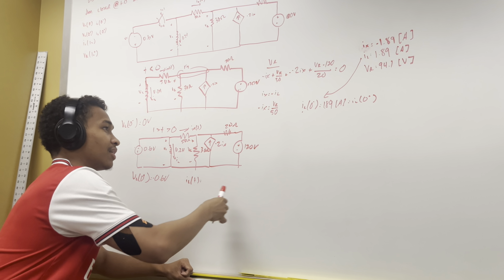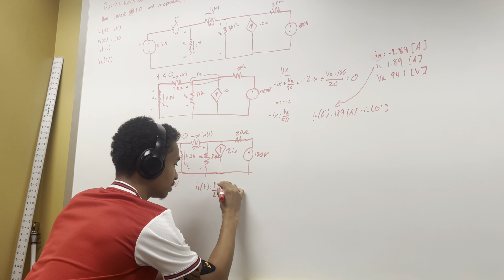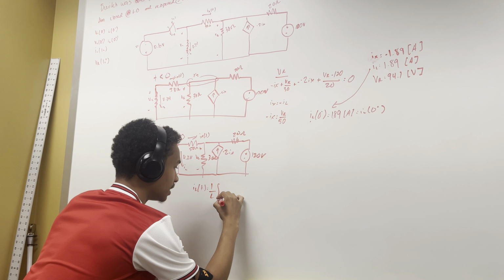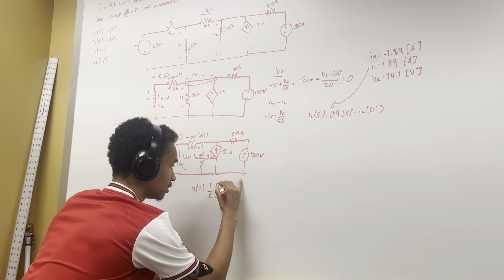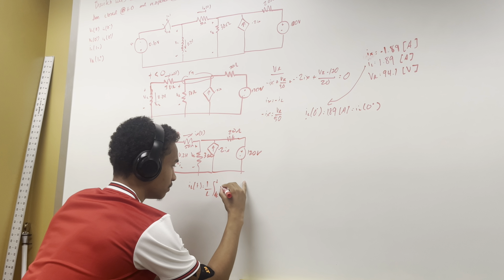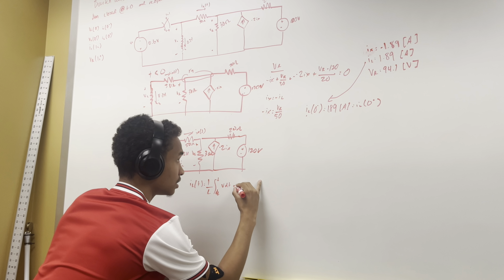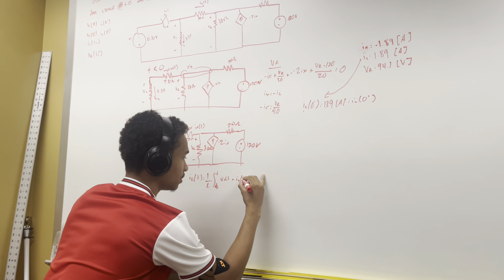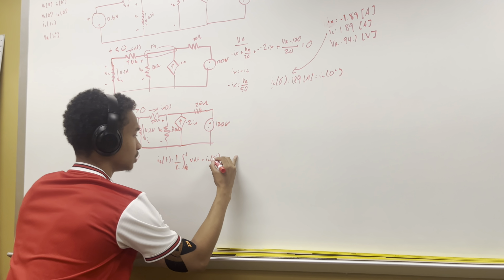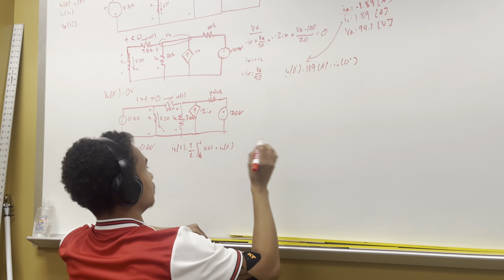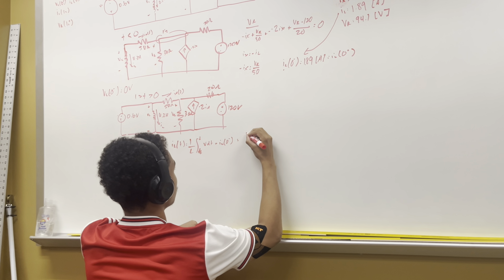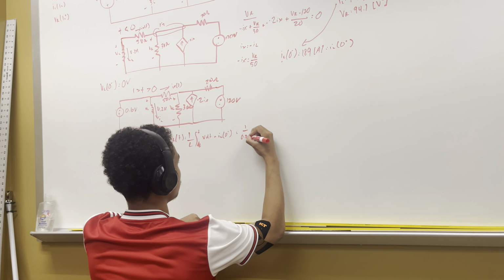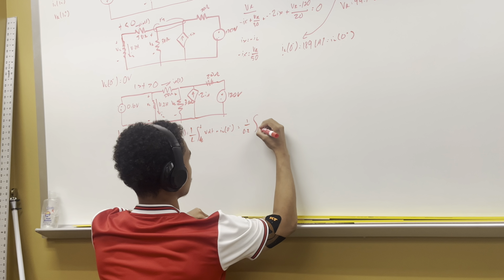So this would be 1 over L, the integral from t naught to t of v dt, plus i of t naught, which is our initial current. So this is equal to 1 over 0.2, which is our inductance.